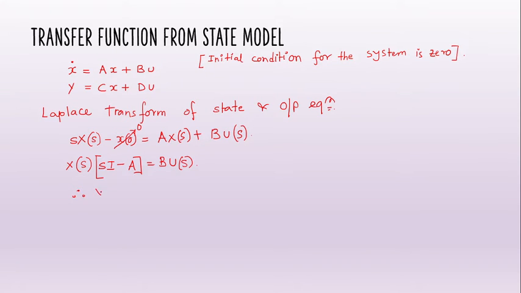Therefore, X(s) will be the inverse of (sI minus A) into B U(s). So this is the first equation.